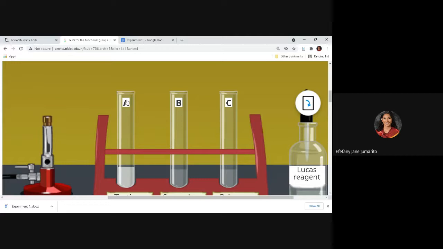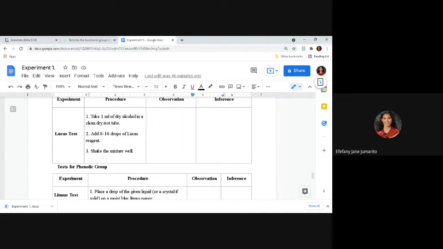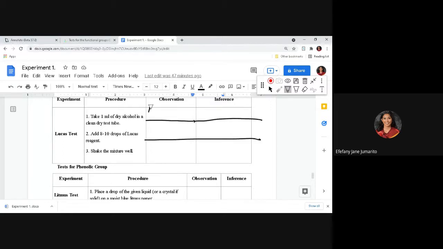If it takes longer, it's secondary. If it takes much longer, it's primary. Take note of your observations, class, for test tube A, test tube B, then test tube C.